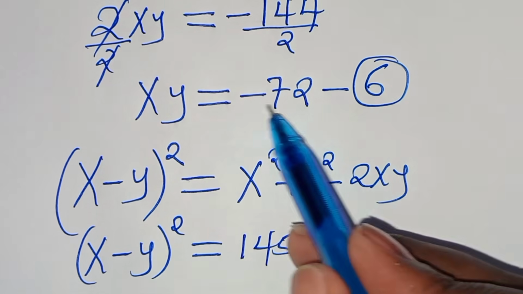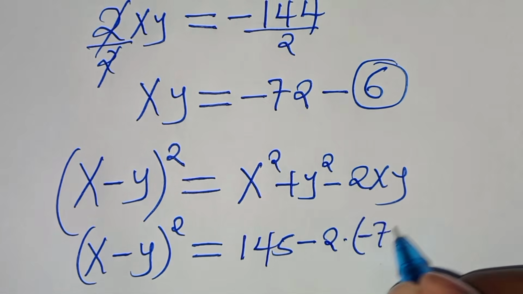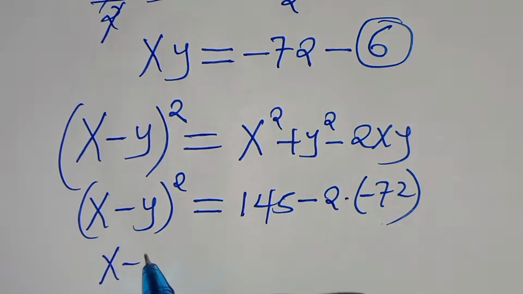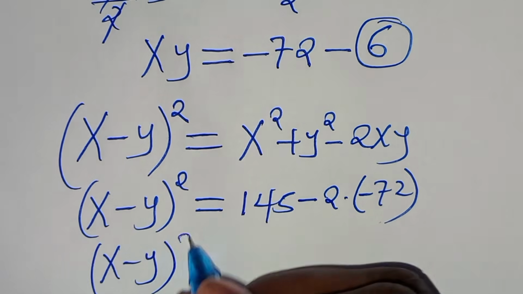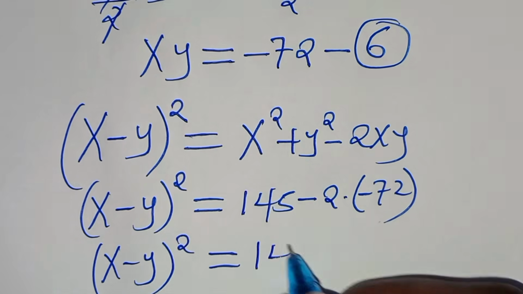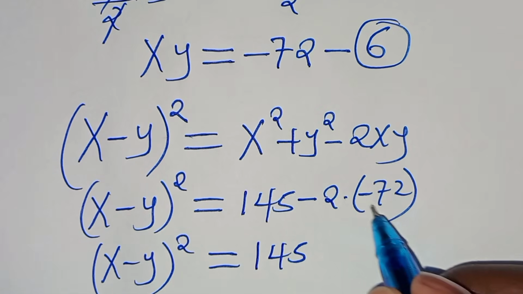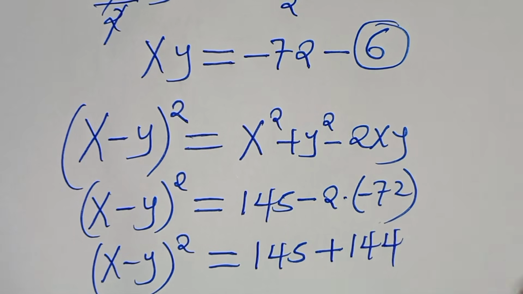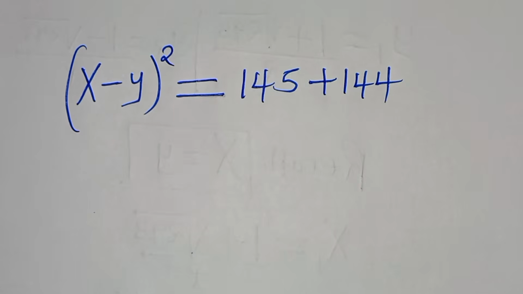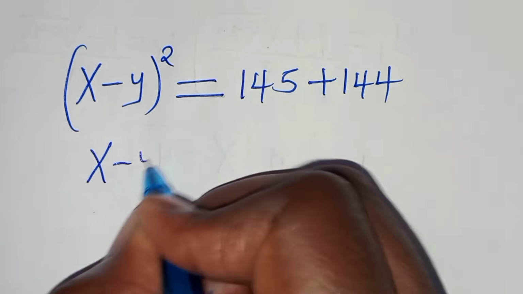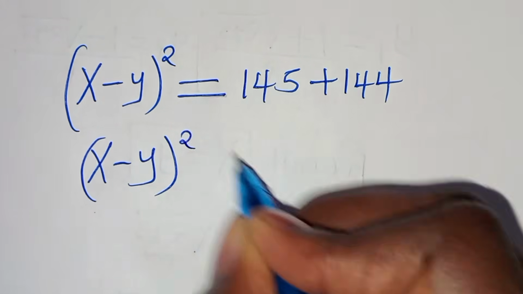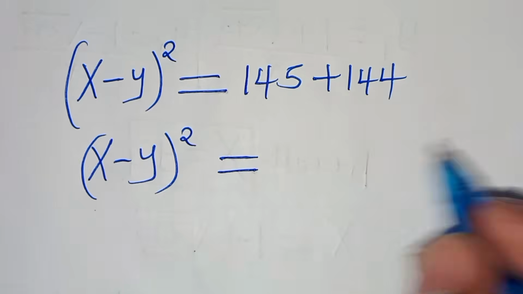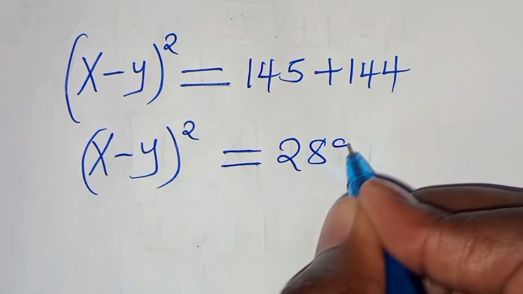Xy is equation 6, which is minus 72. So x minus y raised to the power of 2 is equal to 145 minus 2 times minus 72, which is plus 144. So x minus y raised to the power of 2 is equal to 145 plus 144, and this is 289.